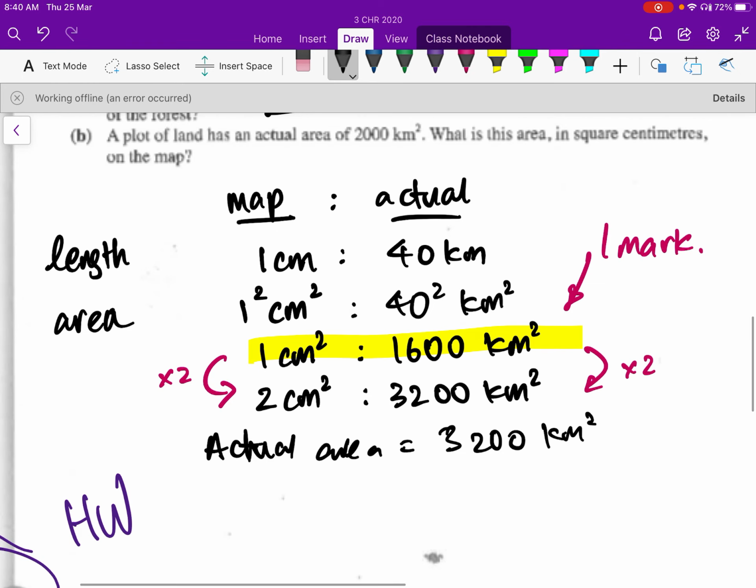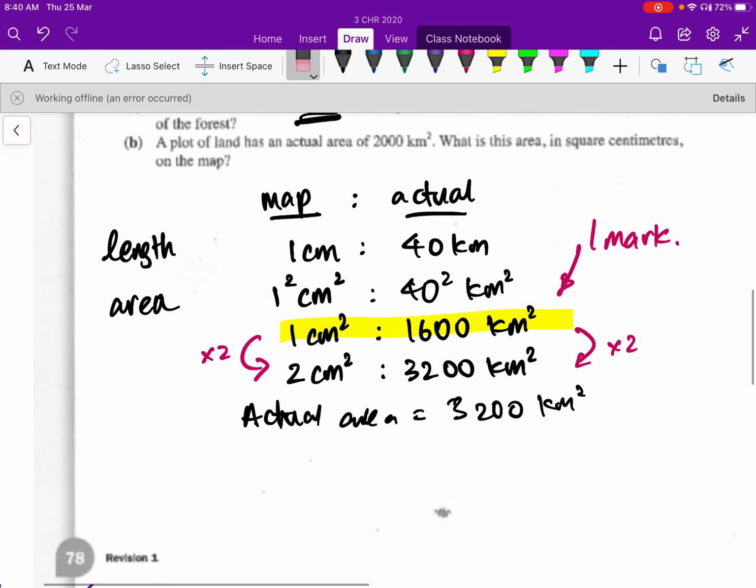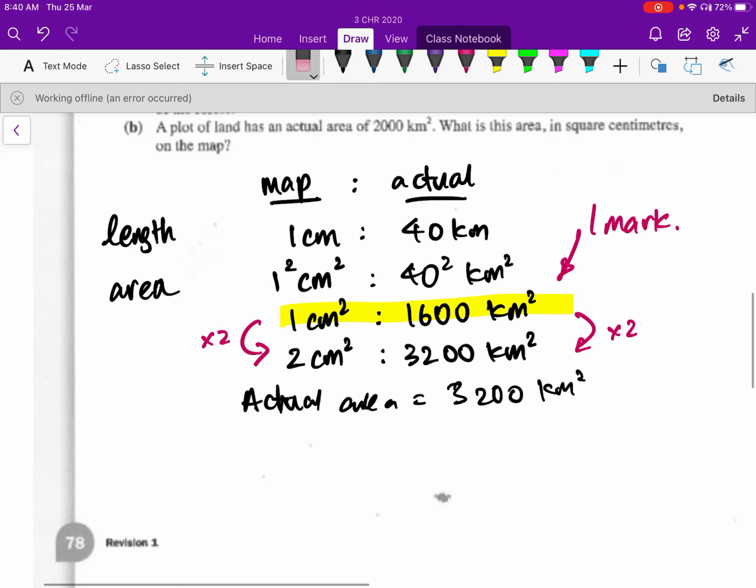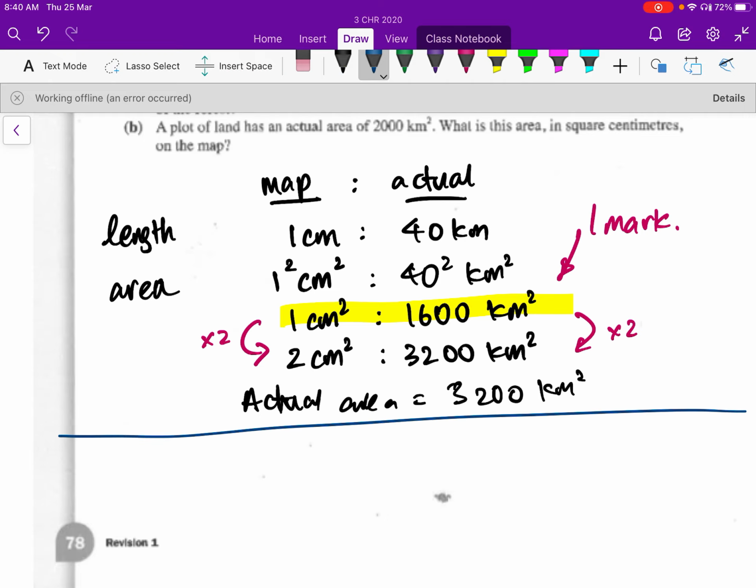And then in part B, actual area 2,000 square kilometers. Map. Actual. So we are still talking about the area. 1 square centimeter to 1,600 square kilometers.